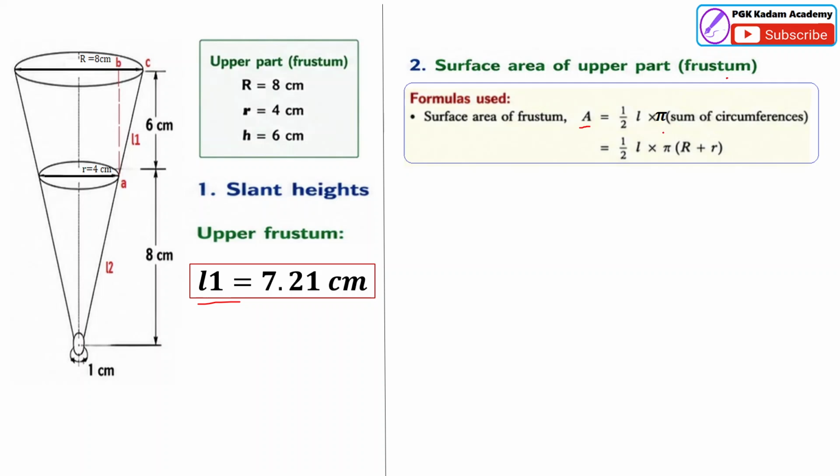Sum of circumferences can be calculated by using this formula, pi into radius R plus pi into small radius r. Capital radius and small radius are the two circumferences, the smaller part of the frustum and the bigger part of the frustum.